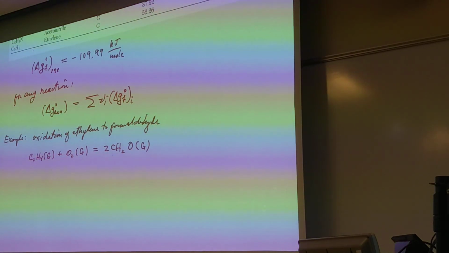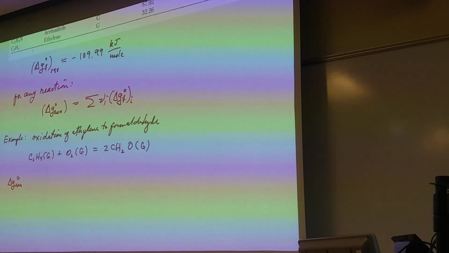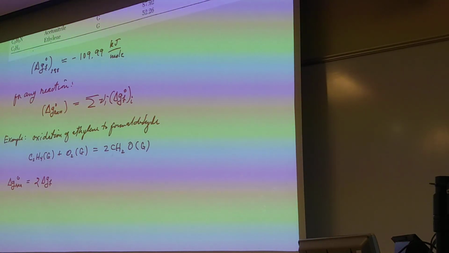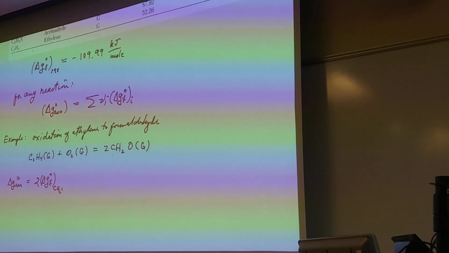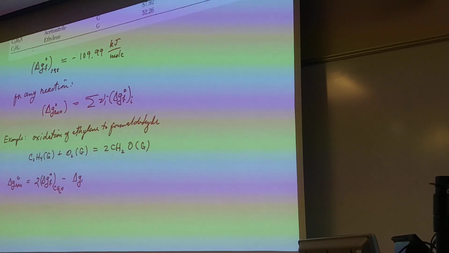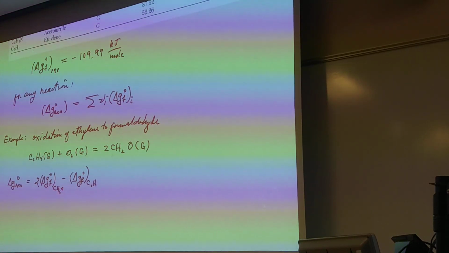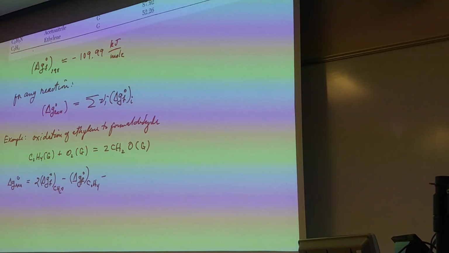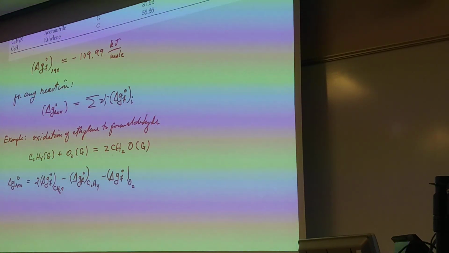So for this reaction, I have 2 times, lots of stuff to write here, minus the standard energy change of formation for the ethylene, minus, but what about this guy?